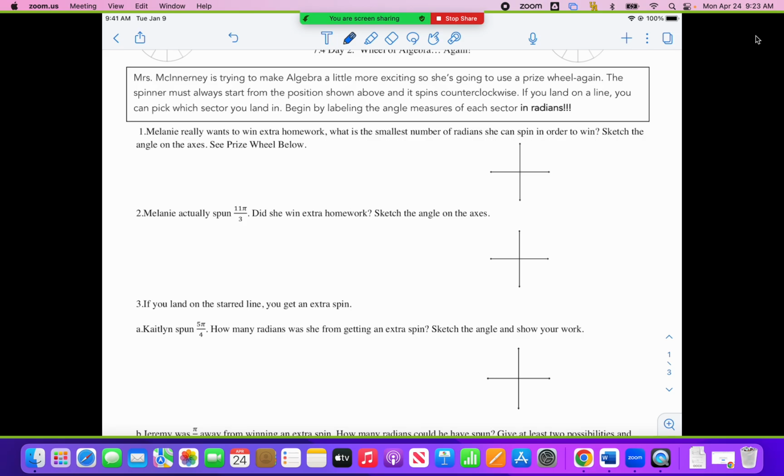For the 3A though, I think it's this one because that's the highest. Because if you land on a line, you can choose which. Oh, 300 is lower than. Yeah. Okay.